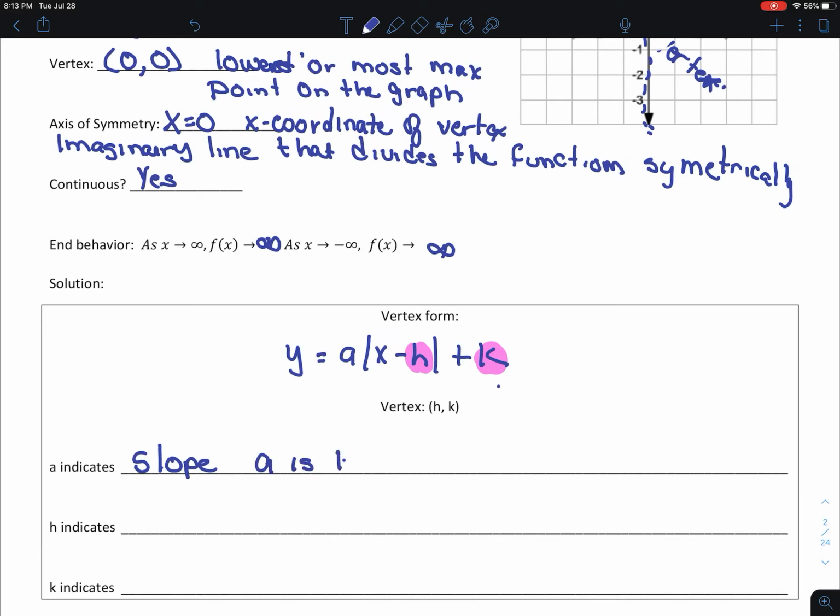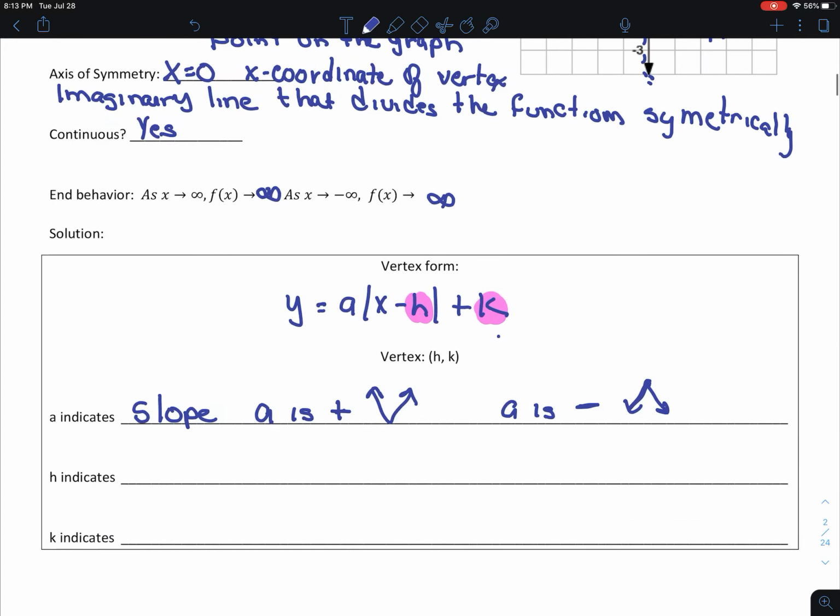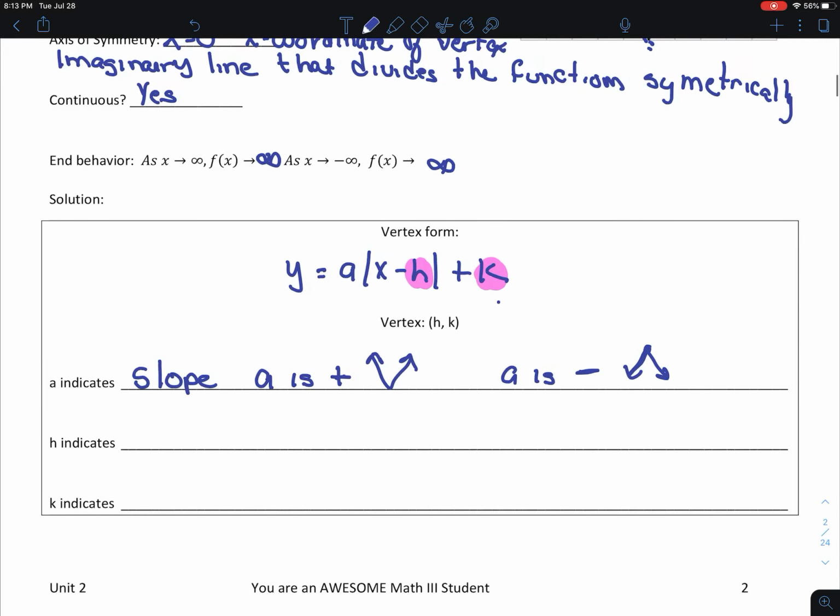If a is positive, then my graph has a minimum value, and my graph looks like this. If a is negative, then it's upside down. My vertex is now a maximum, and so it's an upside down V. h indicates a lot of things.